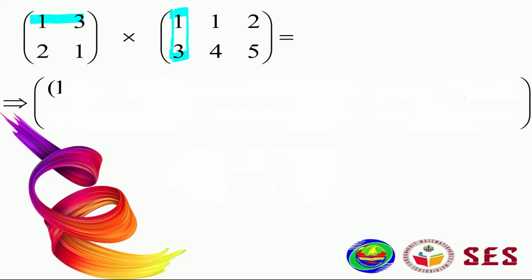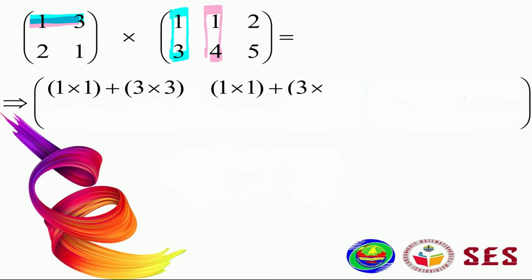So we multiply the first row with the first column. Make sure that we add both products, and then we repeat the same process with the second column.